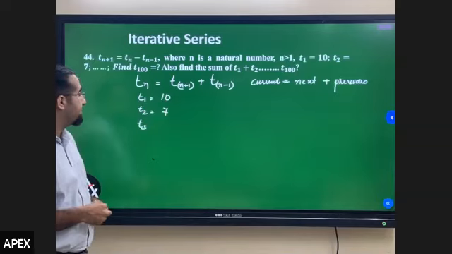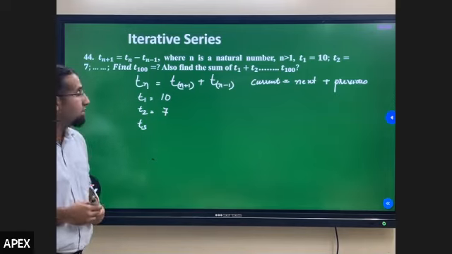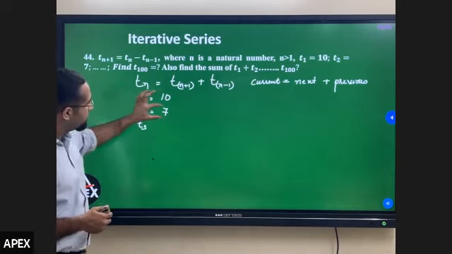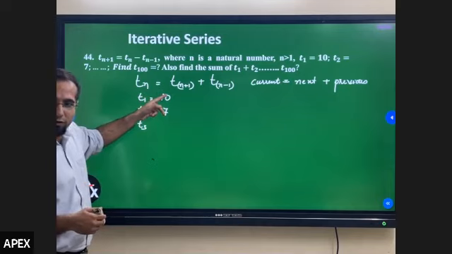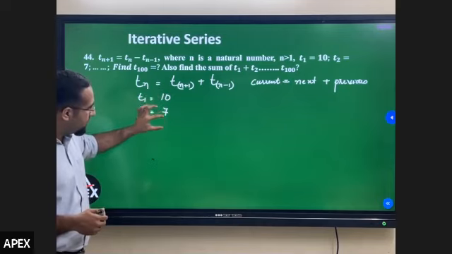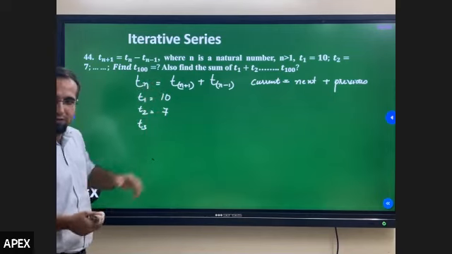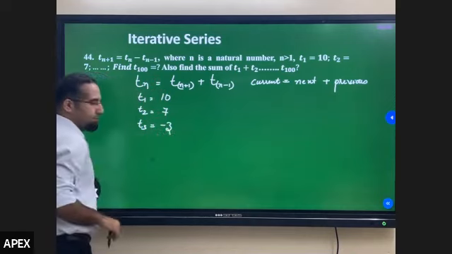What is T3? Minus 3. My current term is next term plus the previous term. That should be your logic. So 7 is equal to 10 plus what? 10 plus minus 3. So can I say my next term becomes minus 3?